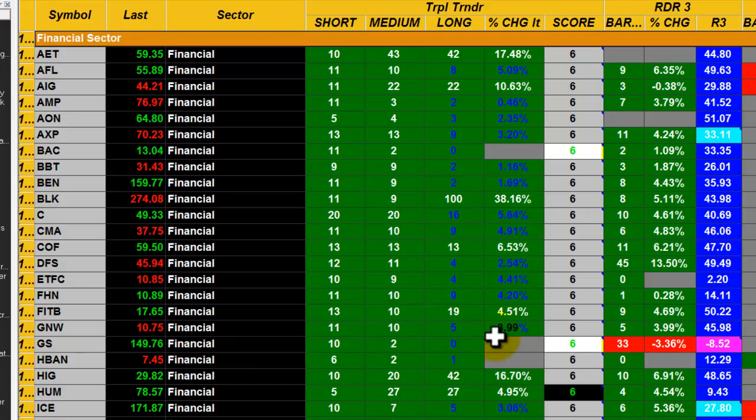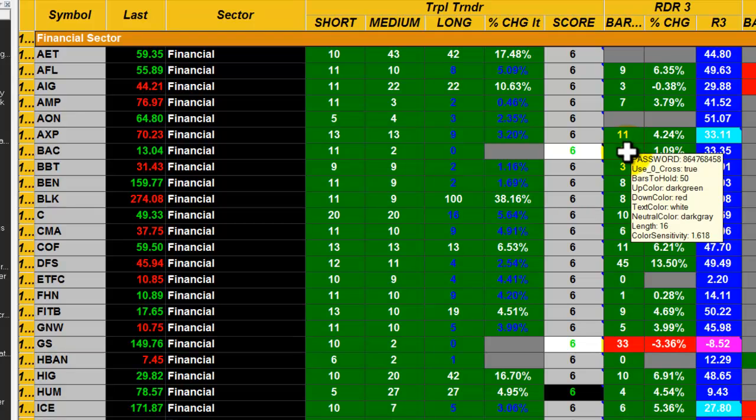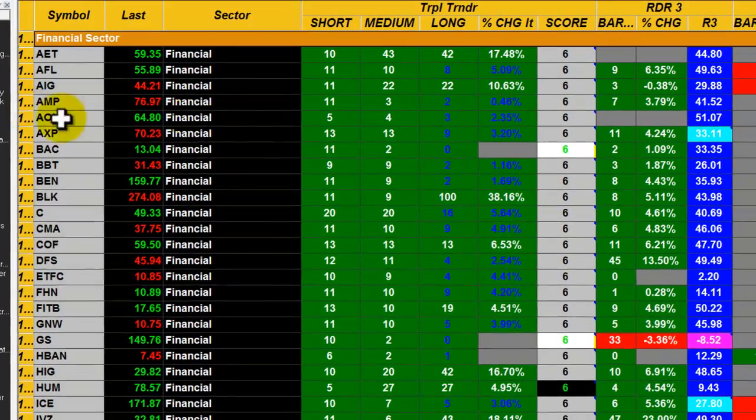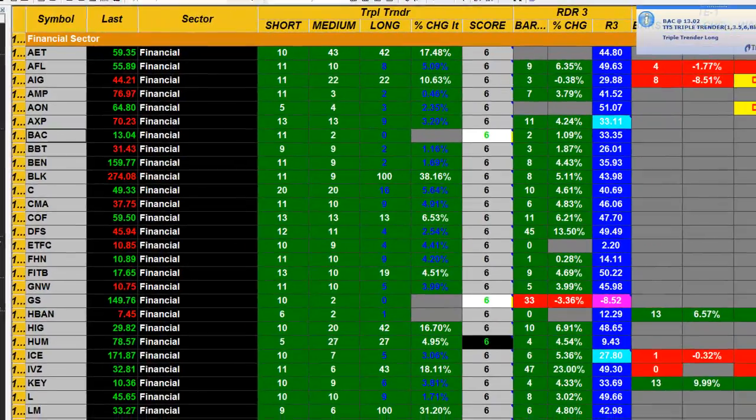We have BAC, Bank of America, Goldman Sachs, but I see that the Goldman Sachs trend strength index is negative, so I'm interested in something with a positive radar 3 trend strength. So I'm going to look at the Bank of America. It's got a score of 6. It just crossed over the 0 line. It's got a blue trend strength of 33.35. That's pretty good.